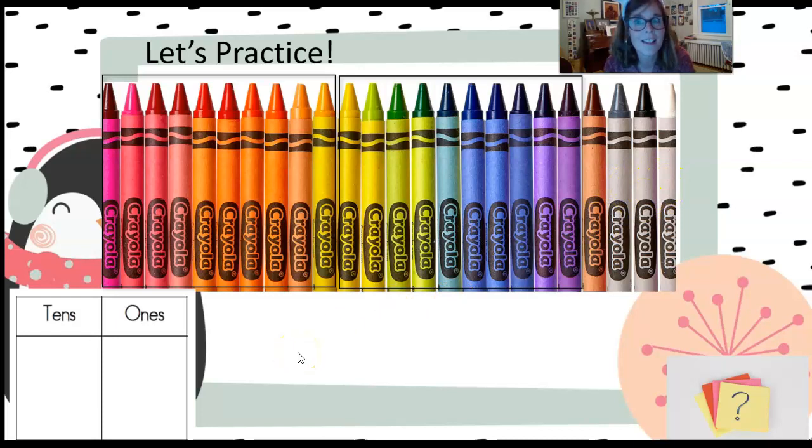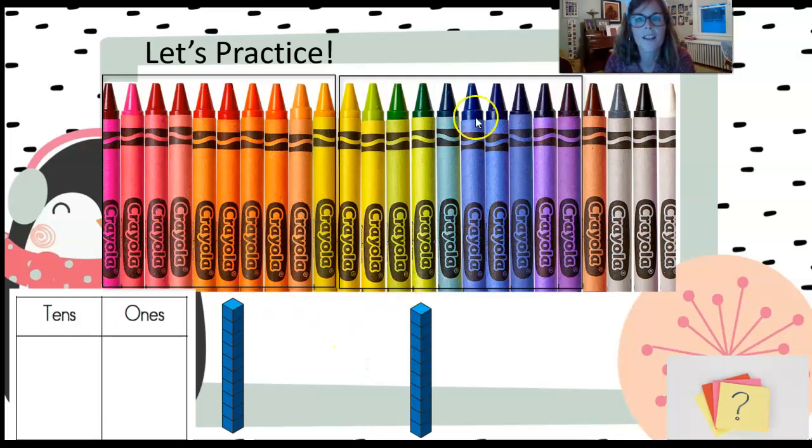Let's see what that looks like in rods and units. 1 rod for the first group of 10, 1 rod for the second group of 10, and my units to represent or stand for the 4 crayons that are left and do not make a whole group of 10.